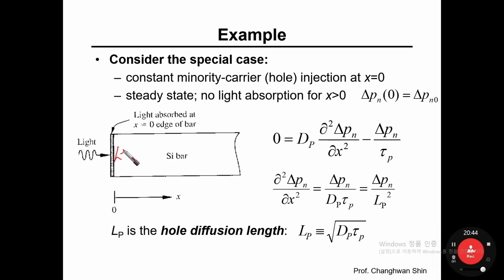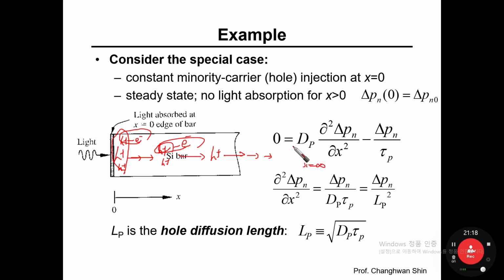Say 3 holes are created here and they move, and 2 holes are left because one has recombined with an electron, and so it has been killed. The remaining ones keep moving further into the silicon bar toward x of infinity.